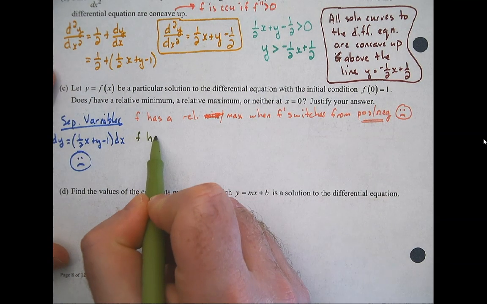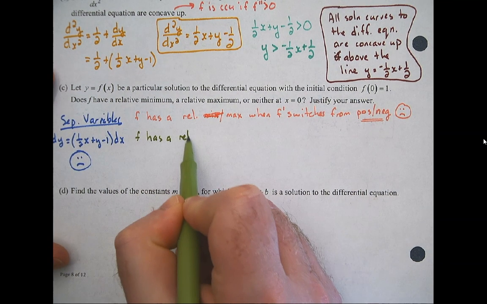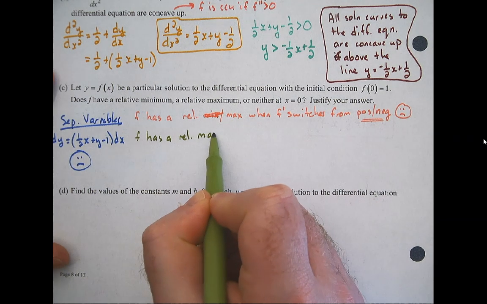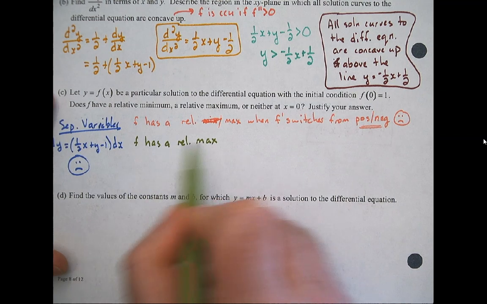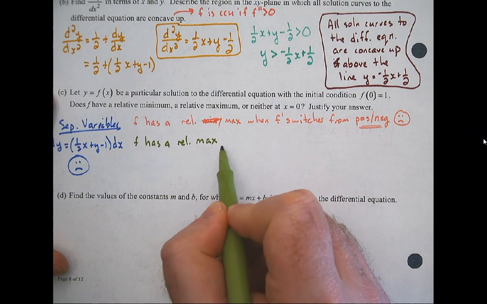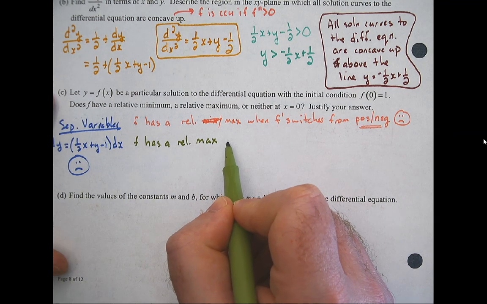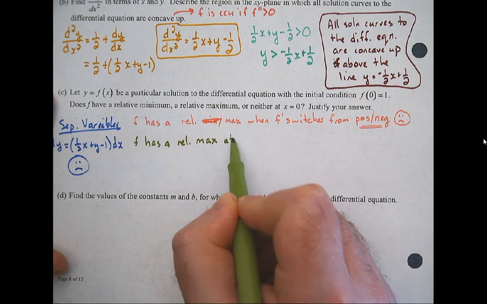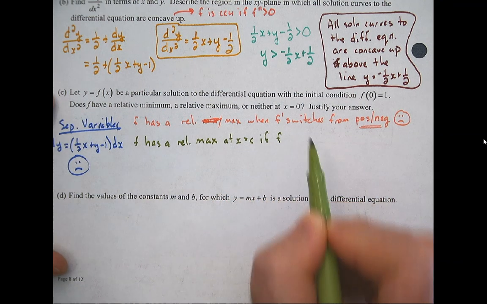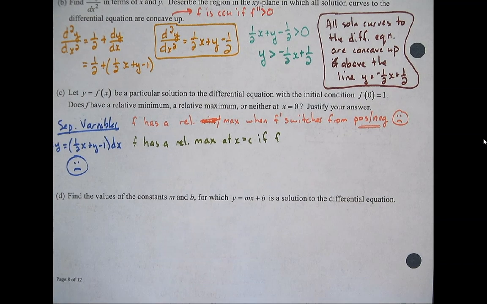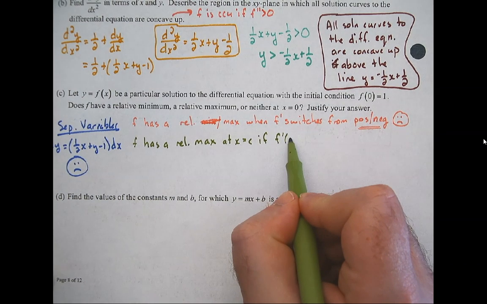f has a relative max, and I'm just doing max again. Min would just follow logically from there. f has a relative max at x equals c if what two things have to be true? First of all, it has to be a crit value, so f prime of c has to be 0.